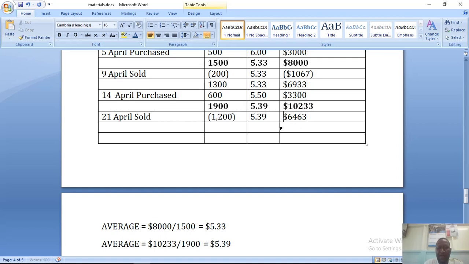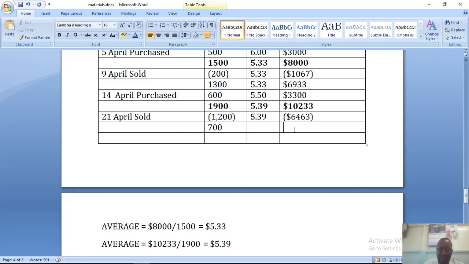All right, so if we issue that at that value, subtract it from the amounts we had in terms of units, the closing inventory units will be 700 units, and the closing inventory value is 10,233 minus 6,463.